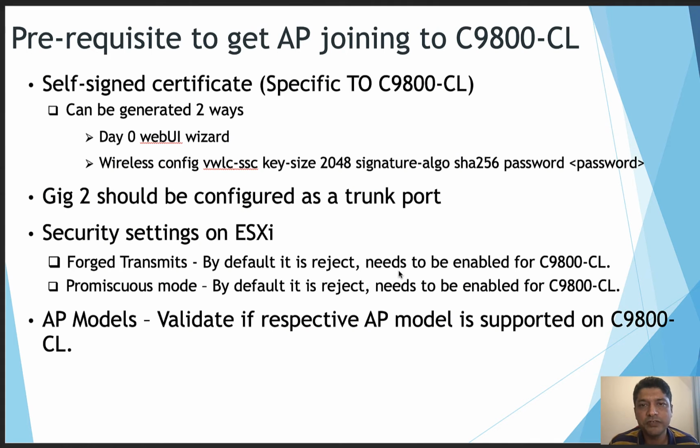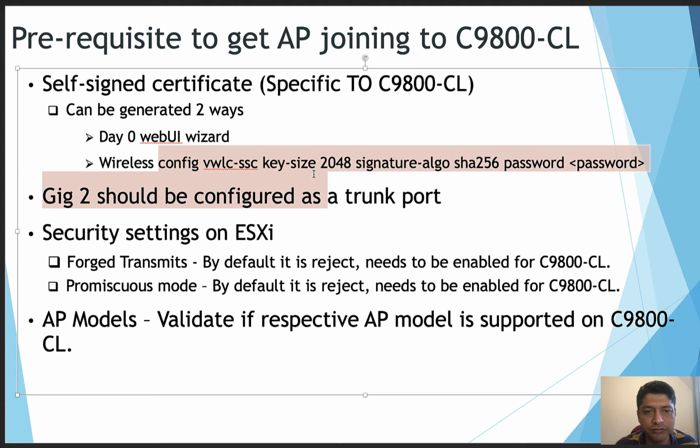Before we start actual AP joining to C9800, we need to make sure that we have a self-signed certificate already there in C9800-CL. We have already done that. We executed the CLI command, which has been highlighted here.